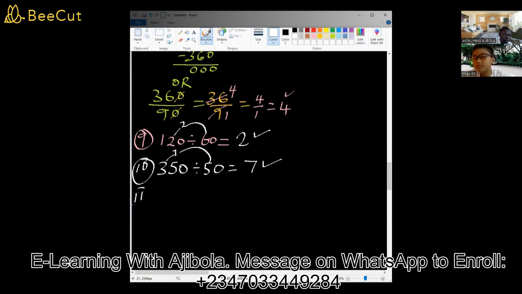Number 11, let's do more division. We have 210 divided by 70. Miggy, what do you think the answer should be if I remove the 0? 7 times what will give me 21?